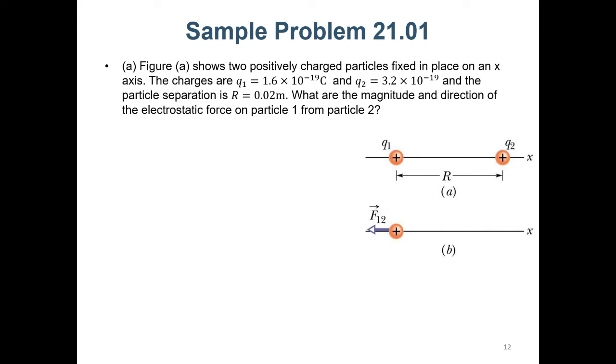So for this one, figure A shows two positive charged particles fixed in place on the x-axis. The charges are Q1, Q2 here and here. So they are separated by r equals 0.02 meter or 2.0 centimeters.